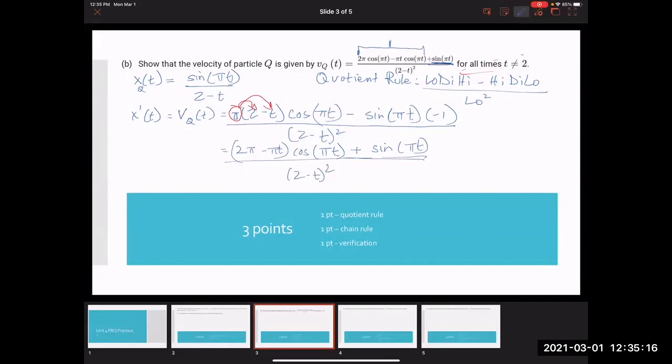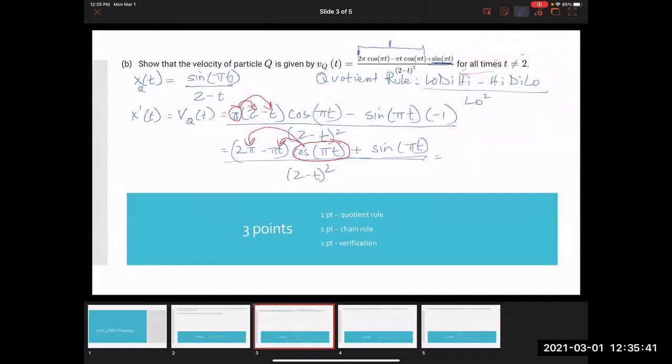Now, the last thing I need to do to get what they say I should get is distribute the cosine of pi t to everything in here. Once I distribute that cosine of pi t to the 2 pi and the pi t, I get what they say that I should get for the velocity of the particle q.